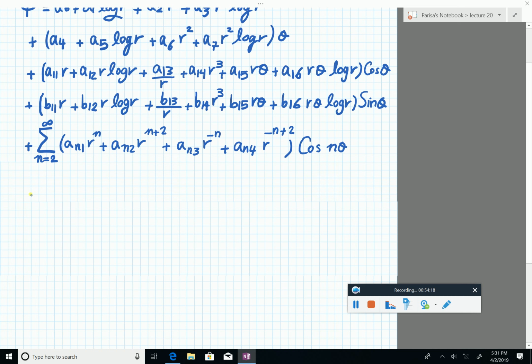And finally the last part, as you may have guessed, has a similar form for sine.